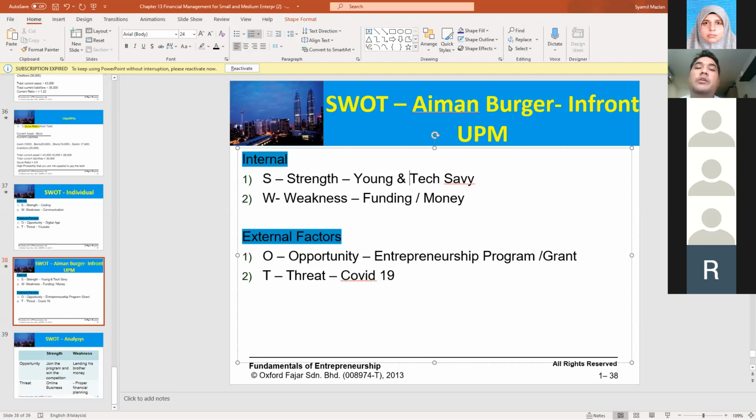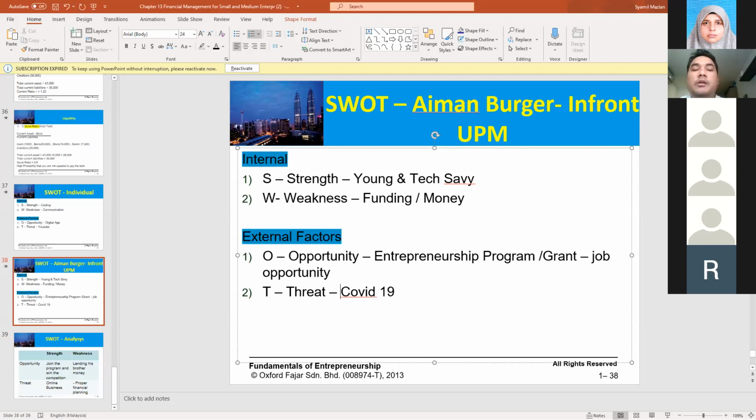Maybe you have a weakness of funding or money, but you know the opportunity that currently the government has a lot of entrepreneurship programs. Why? Because they are worried about job opportunities for you. So instead of making job opportunities for you, why not give you funding so you can start your own business and hire more people? That's why we have a lot of entrepreneurship programs.